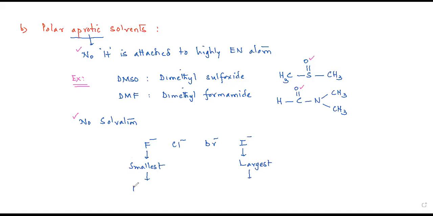Being smallest, fluoride is the better nucleophile because it can easily approach. Now, being largest, iodide is a poor nucleophile.